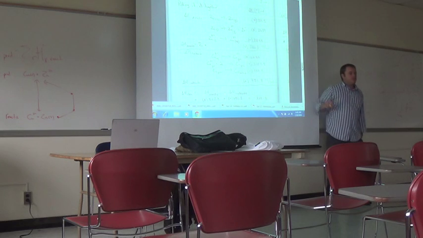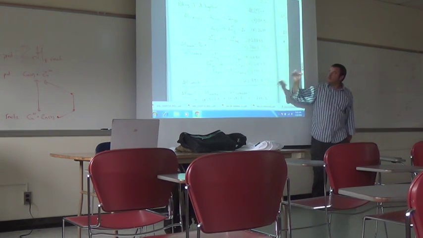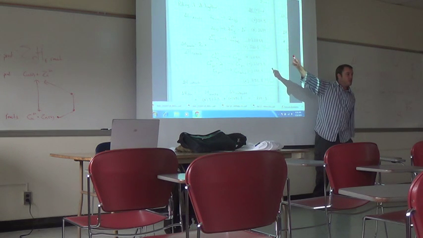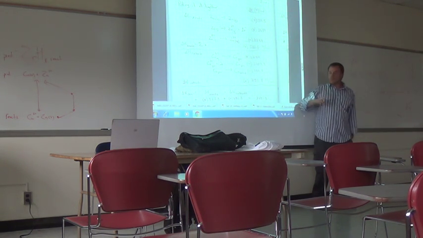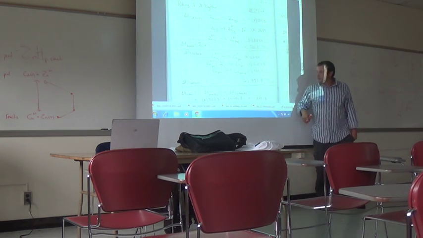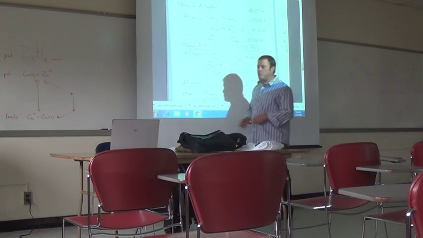At the end of the day, though, these steps take us from Cu2 plus zinc solid to Zn2 plus Cu solid. Now, we calculated negative 229.3 kilojoules per mole.